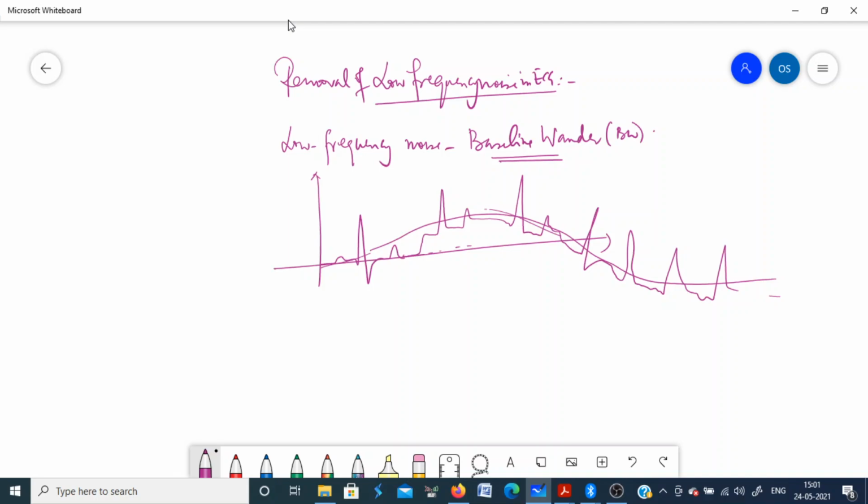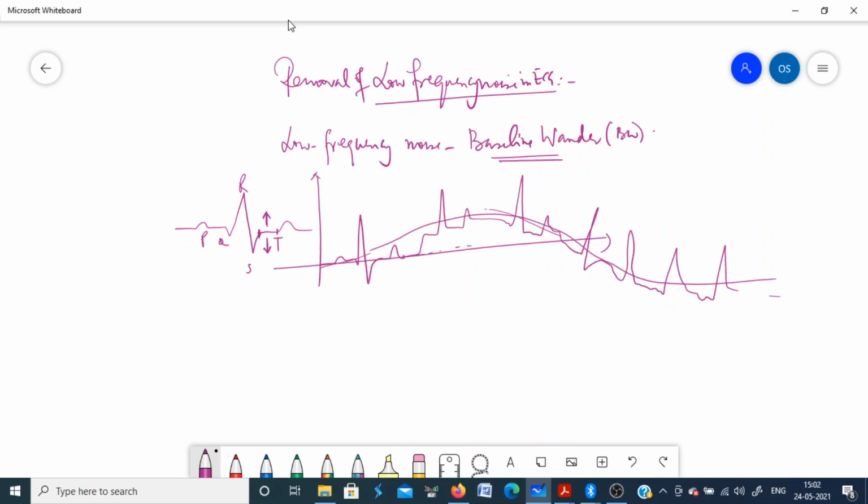Okay, so like earlier we have said that in the ECG signal, this is PQ segment, then QRS complex, then ST segment, and then T wave. So this ST segment must be isoelectric, or it must be flat in line with this PQ segment. Okay, if it is elevated or depressed, there is a problem of myocardial ischemia or myocardial infarction.